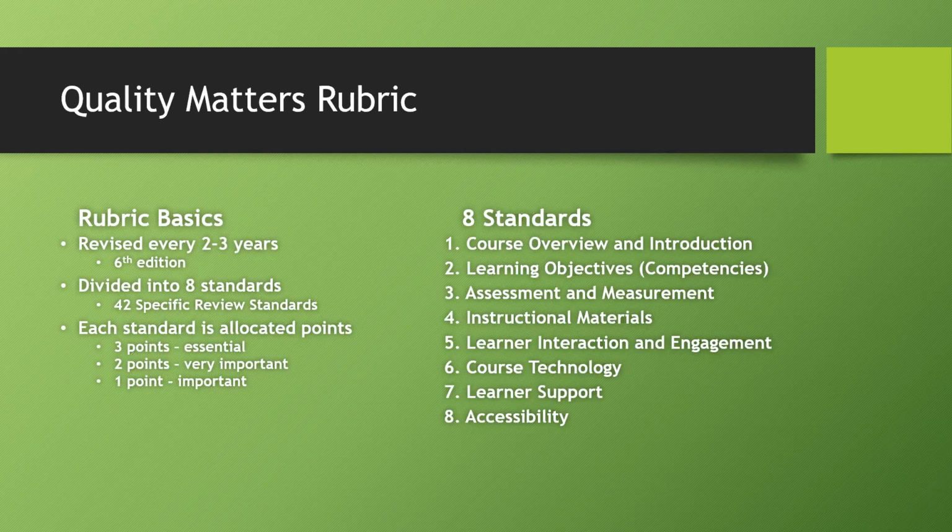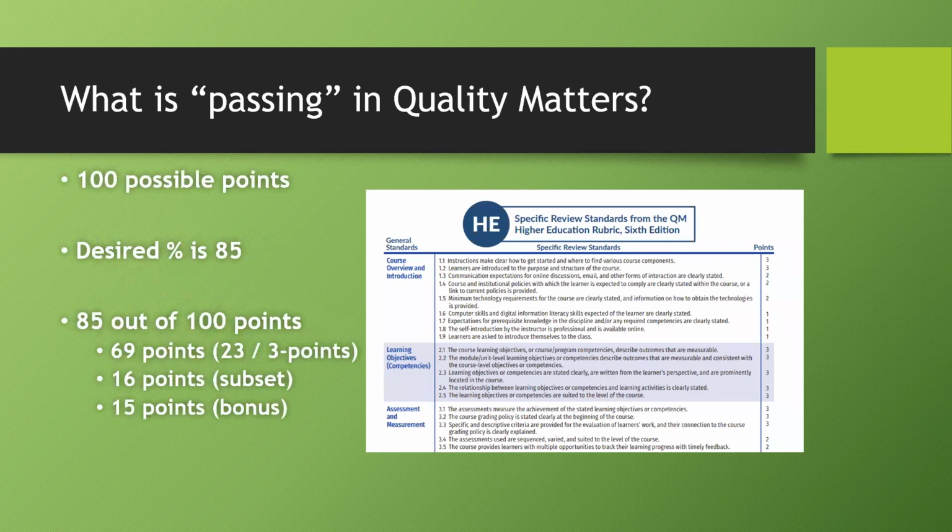And each of those review standards is allocated a point value. So 3 means that it's essential to the course design and you absolutely should have it in your course. 2 is very important and 1 is important. You can use some subset of these standards to get to the certain value that you want. And what value is it that you want your rubric to add up to? There's 100 possible points and the desired percentage is 85%.